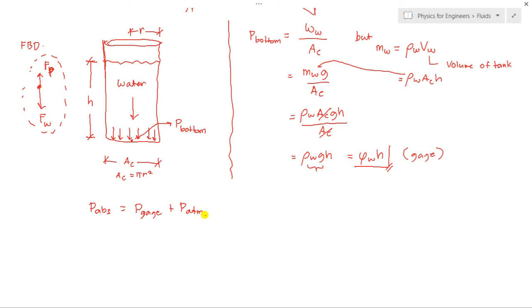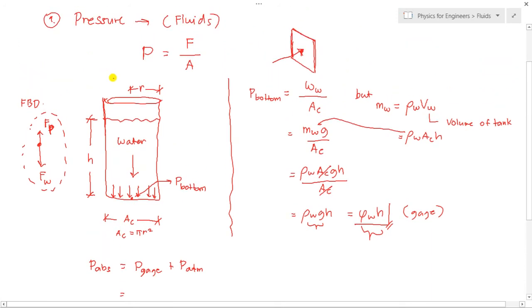So here class, if we're going to find the absolute pressure at the bottom of this water tank, our answer of specific weight times the height is not enough. We need to add the pressure exerted by the atmosphere, assuming this tank is exposed to the atmosphere. So of course atmospheric pressure acts on it, exerting pressure from above.